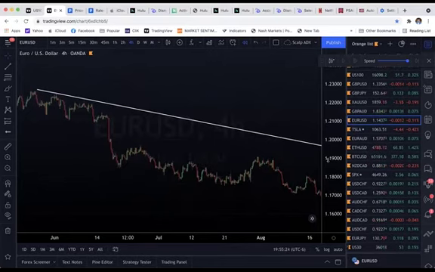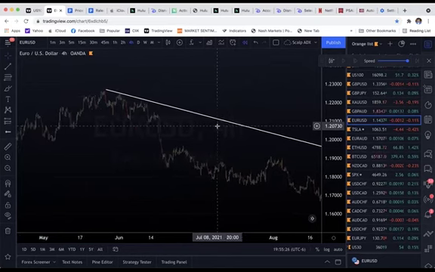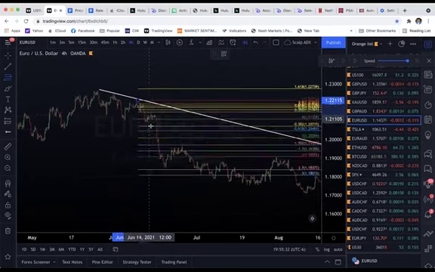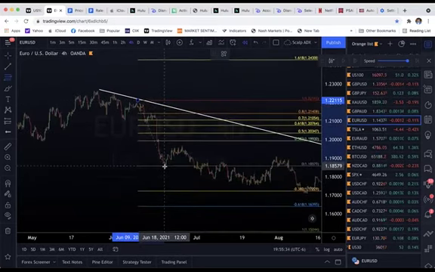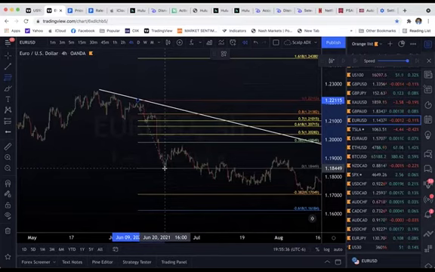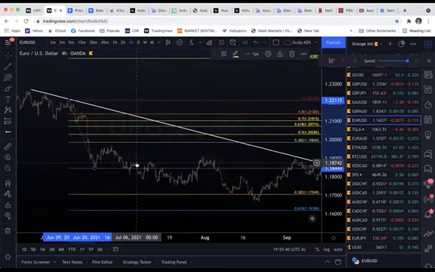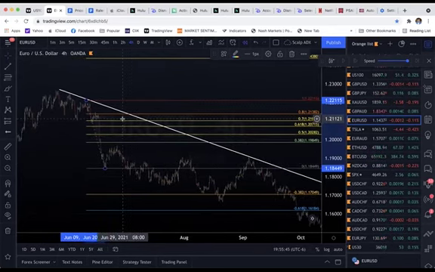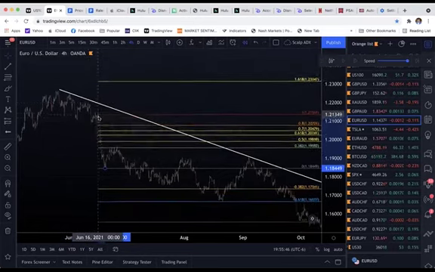So this right here would have been a great opportunity, even with this trend line, to draw a fib. We could draw it down right here. And here's the thing.